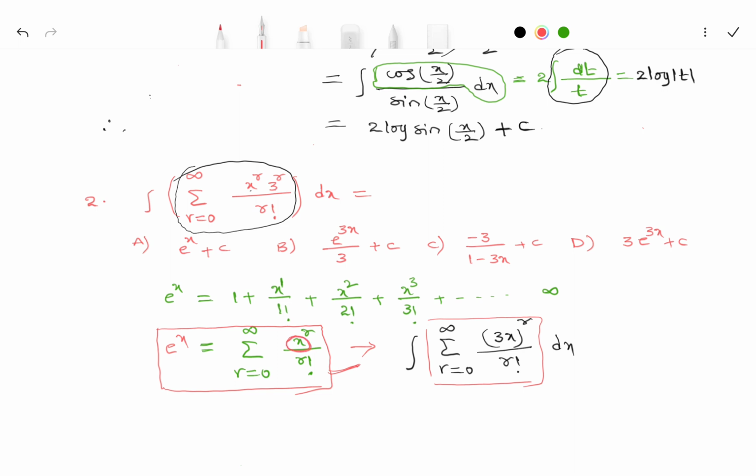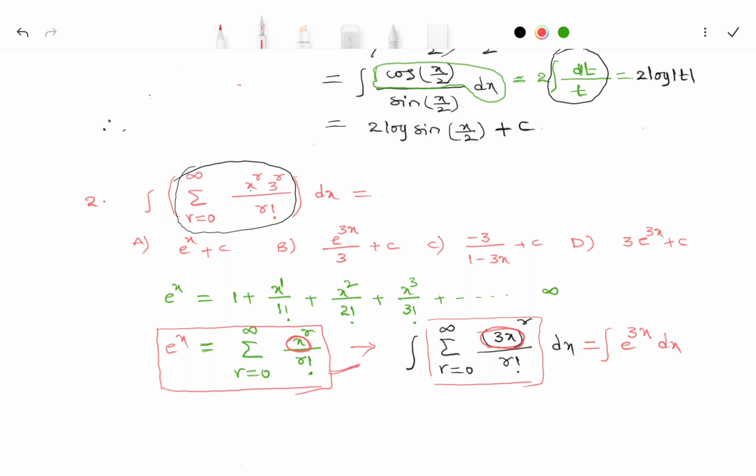In place of x, here we have 3x, right? So this value will be equal to the integration of e to the power of 3x into dx. So this is the simplification of the given summation.